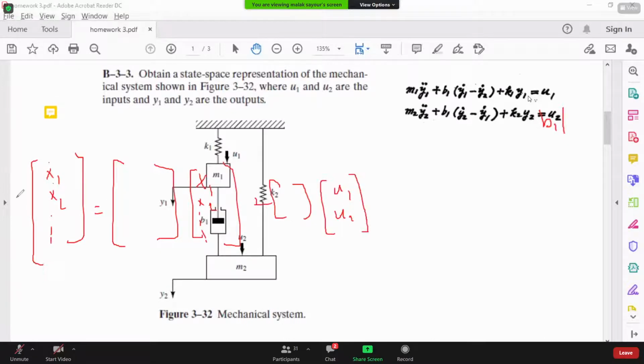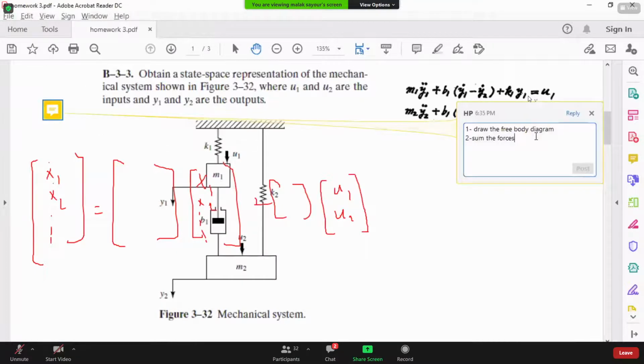So I have to express x1 dot and x2 dot as a function of x1, x2, and the others. Here I have y. So the next step will be to define my state variables, the x. So step number 3 will be to define your x.